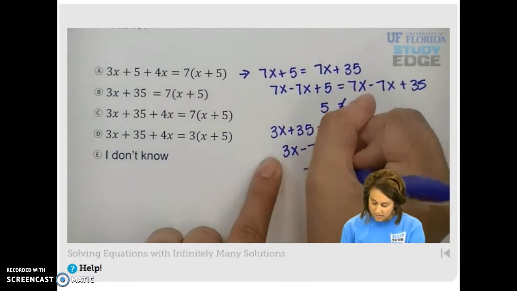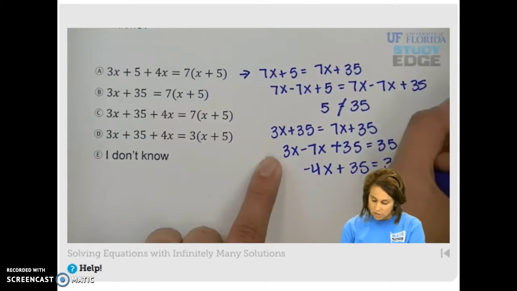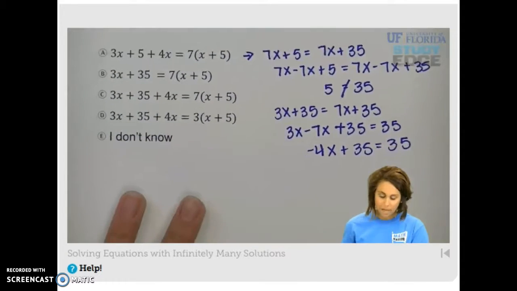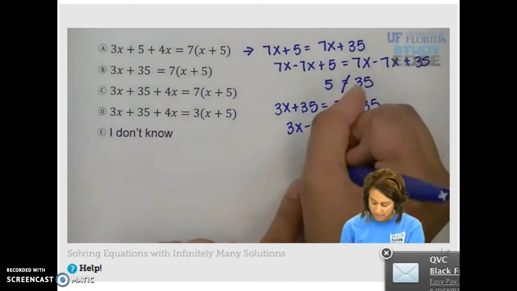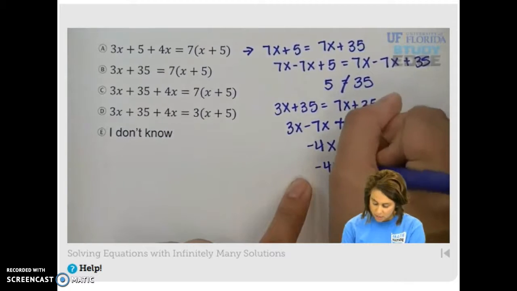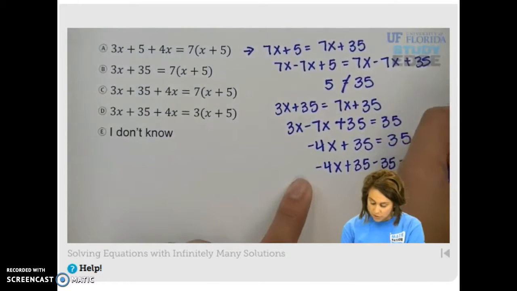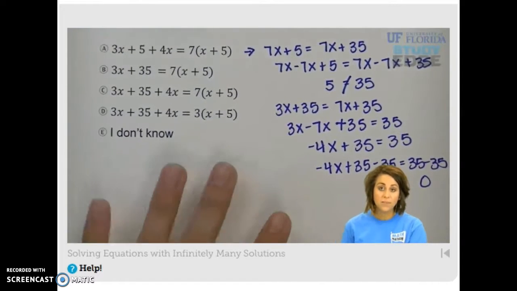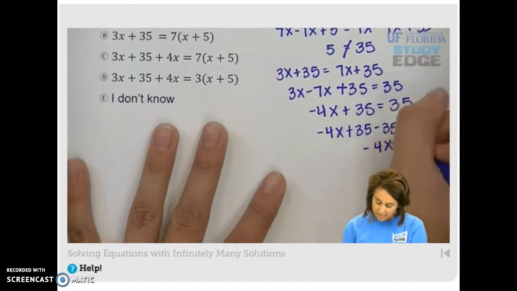And on the left-hand side, we're going to have negative 4x plus 35 equals 35. Okay, what now? We need to subtract 35 from both sides. So we have negative 4x plus 35 minus 35 equals 35 minus 35, which is 0, right? And so we have negative 4x equals 0.